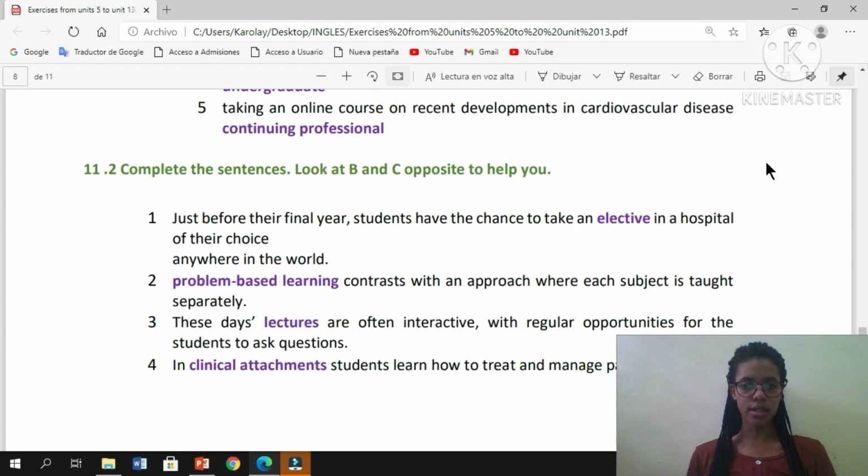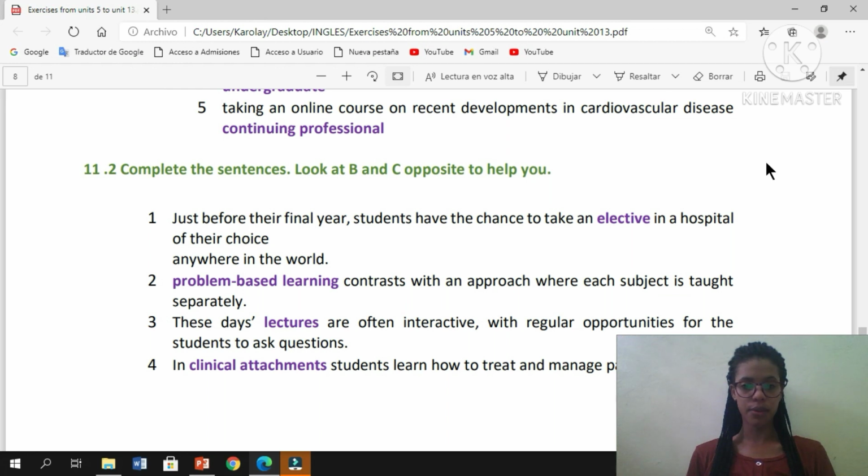Complete the sentences. Look at B and C opposite to help you. Just before their final year, students have the chance to take an elective in a hospital of their choice anywhere in the world.